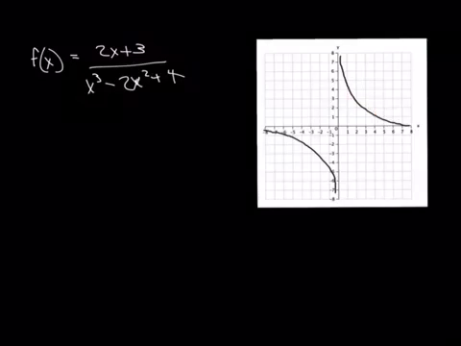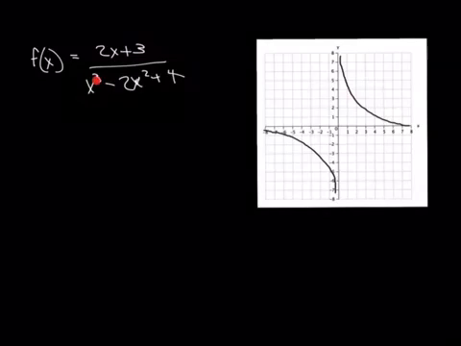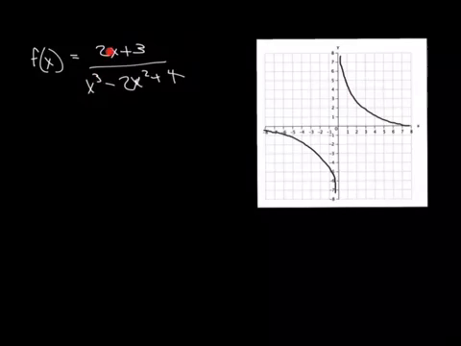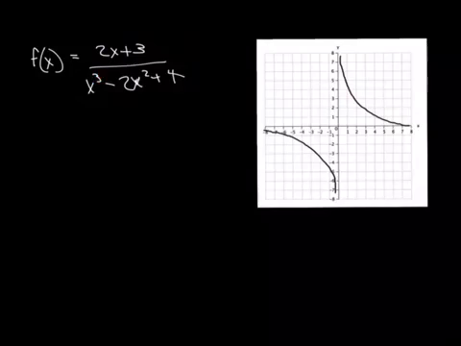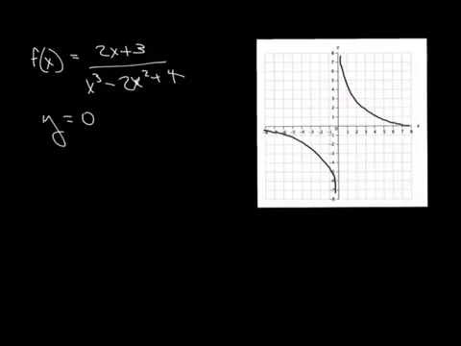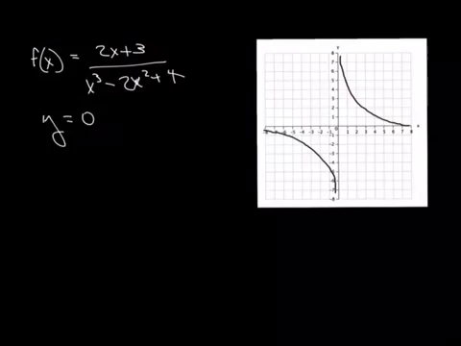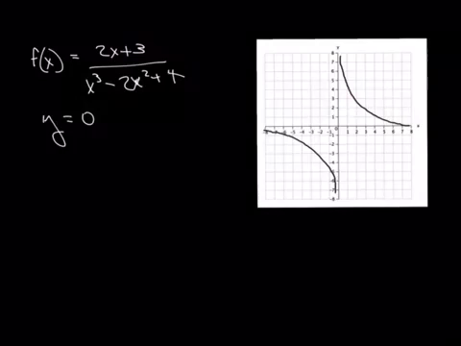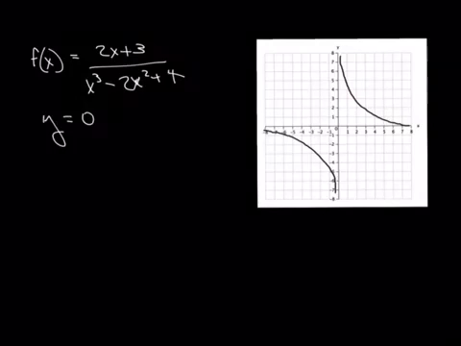So whenever my denominator leading term is larger than the leading term of my numerator, my horizontal asymptote will always, always, always be 0. It'll be the x-axis.